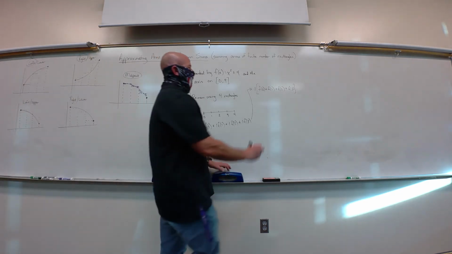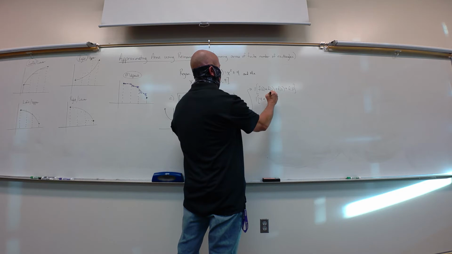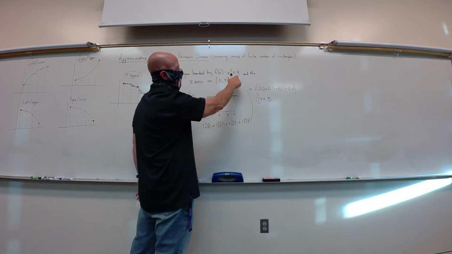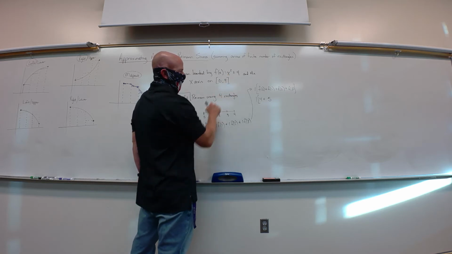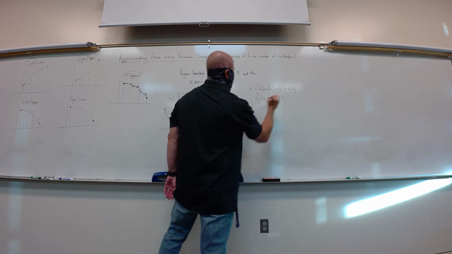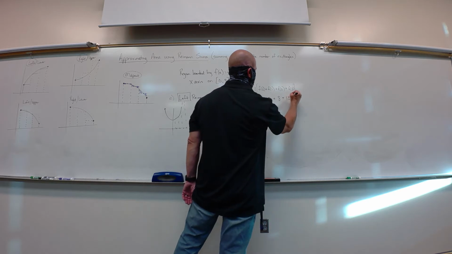So f of 0, 4. F of 1, 5. So I've got my function. F of 0, 0 squared plus 4. F of 1, 1 squared plus 4 is 5. F of 2, 8. And f of 3, 9 and 4 is 13.